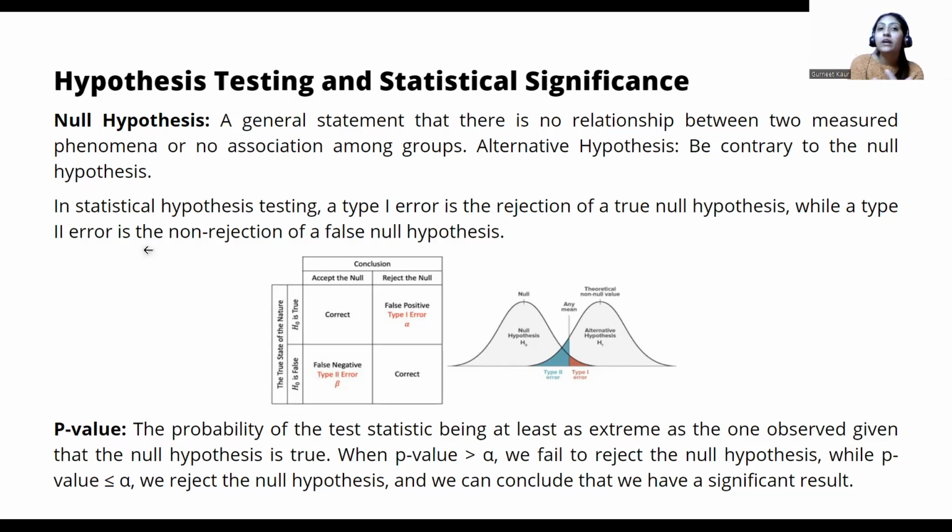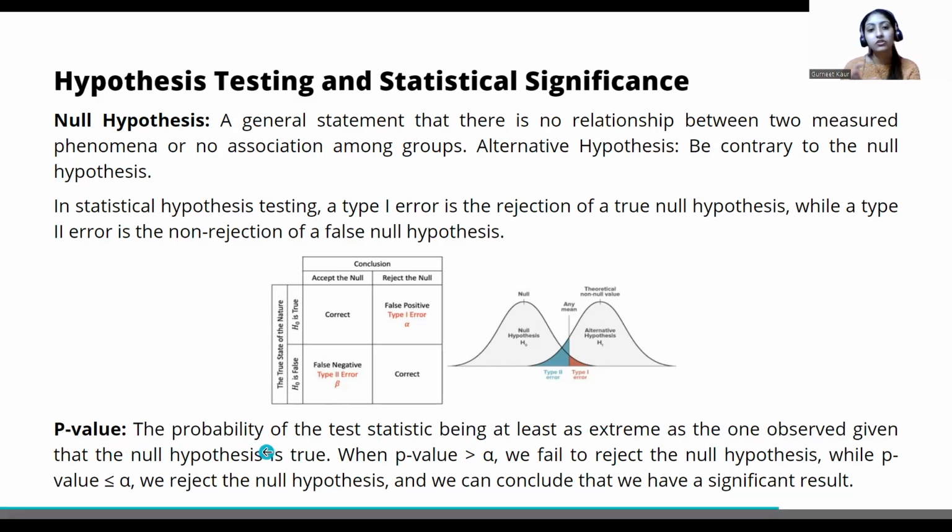That means we could prove that there is a relationship between the phenomena, right? So the p-value is the probability of the test statistic being at least as extreme as the one observed, given that the null hypothesis is true, right? And the alpha here is the significance, right?